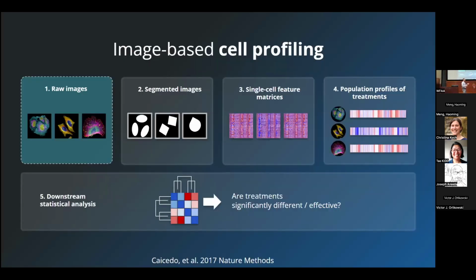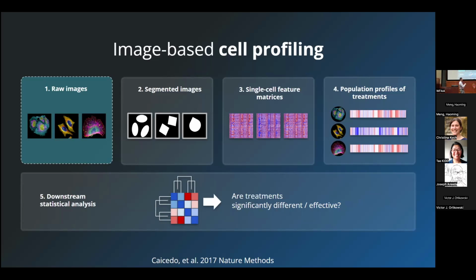So in order to automate this type of biological experimentation with microscopes, we developed a workflow which is called image-based cell profiling, in which we take images of cells and we transform those into data that can be used to strategize and decide what type of treatment is effective and which one is not.